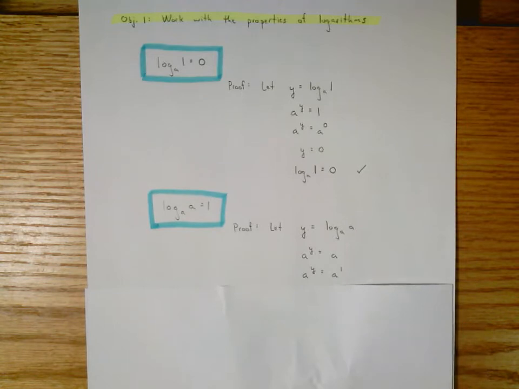That's trivial. If two equal powers have equal bases, they have to have equal exponents. So the value of y has to equal 1. Now we can substitute our original assumption back in for y, and we have proven that log base a of a is equal to 1. Again, go ahead and pause the video and record your second property of logarithms and its proof.